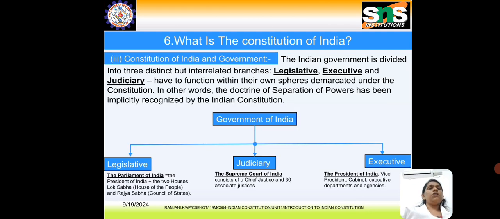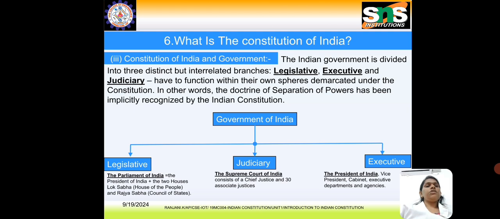Next is the Constitution of India and government. The Indian government is divided into three branches, that is legislative, executive, and judiciary, each functioning in its own sphere demarcated under the Constitution. The legislative is the Parliament of India, that is the President plus the two houses, Lok Sabha and Rajya Sabha.